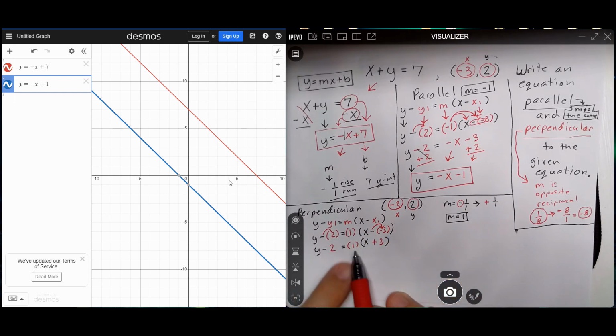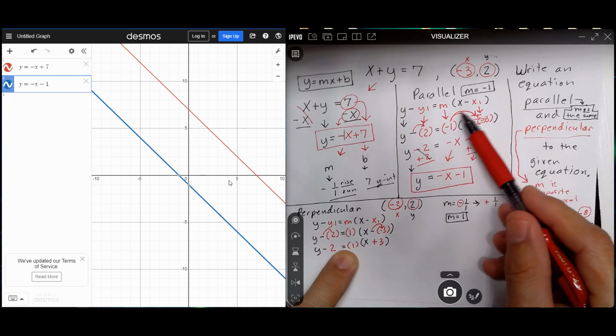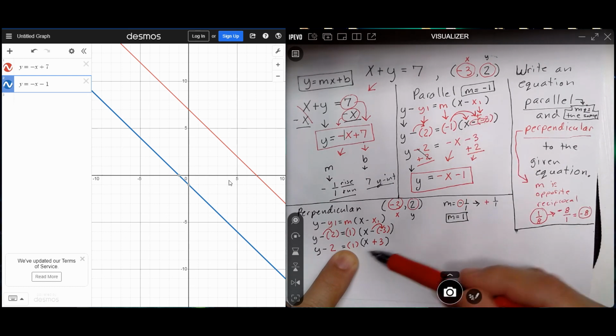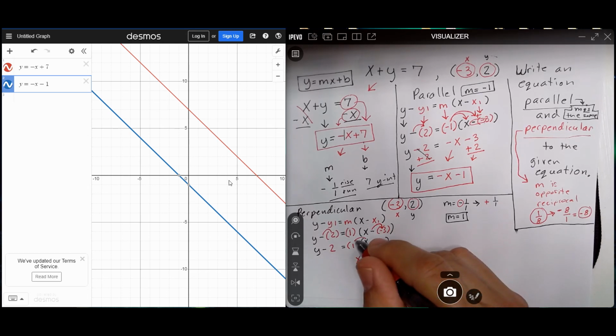Now in this case, like in this first one, right, we had a negative slope right here that we distributed to each term. But down here we have a positive slope that we're distributing to each term. So when we distribute this, positive 1 times x, it just simply leaves it as x. And positive 1 times positive 3 just simply leaves it as positive 3.